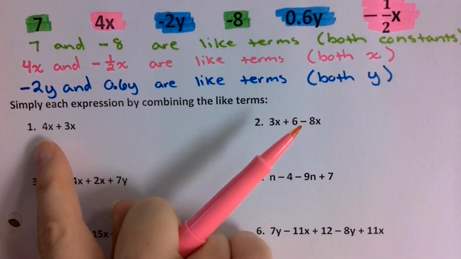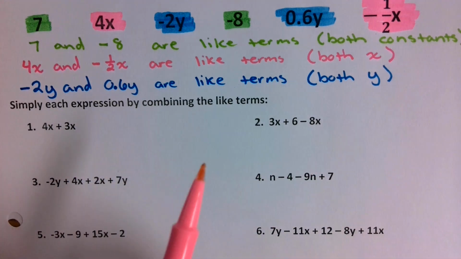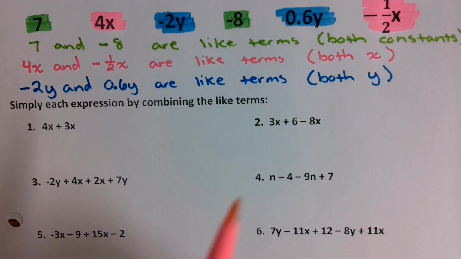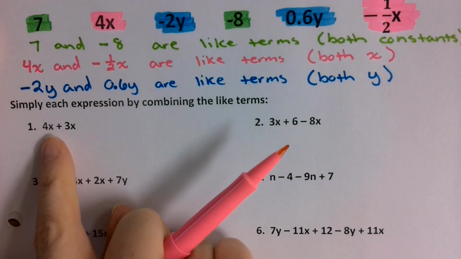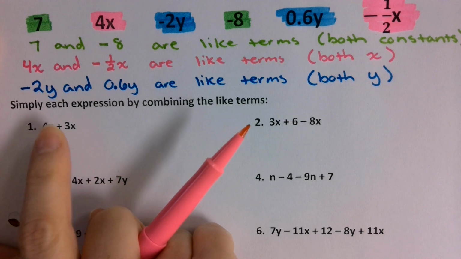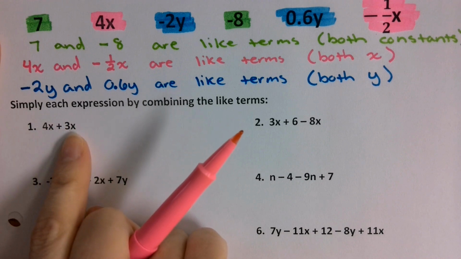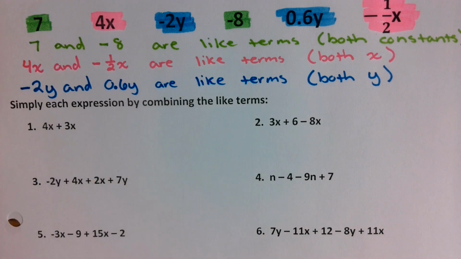If I've got 4 x's and I'm combining it with 3 x's, how many x's am I going to have, Angel? 7 x's. It's kind of like pretend it's not x's. I've got 4 cookies on one plate and I've got 3 cookies on another plate. If I put all my cookies on the same plate, I've got 7 cookies. It's the same thing, but this time it's variables.